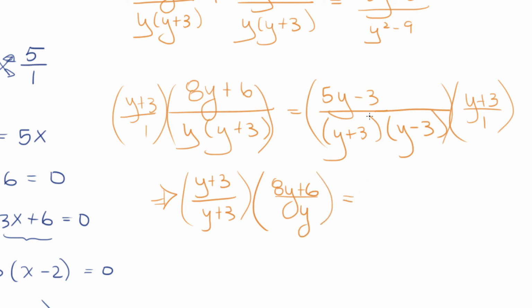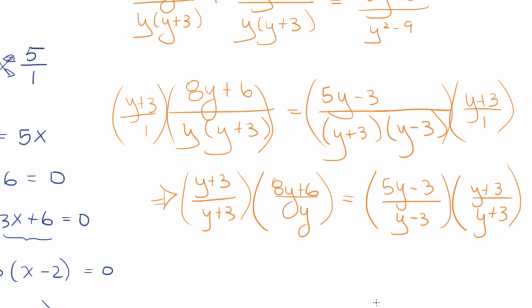And the other side, I'm going to do exactly the same thing. I'm going to switch the y plus 3 under the other one. So on the fraction, you'll have 5y minus 3 over y minus 3. And then I'll have y plus 3 over y plus 3.